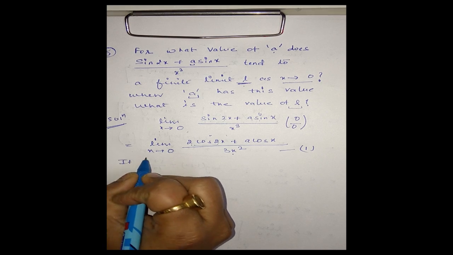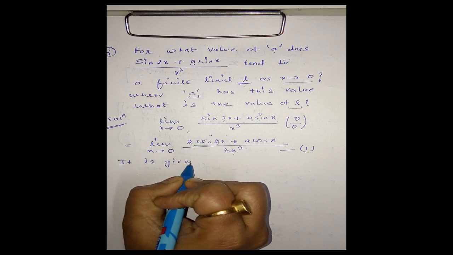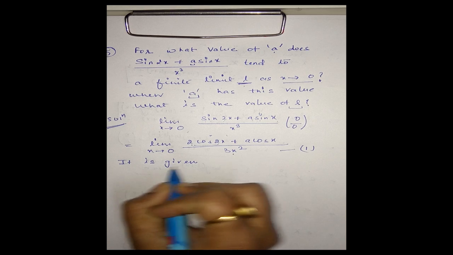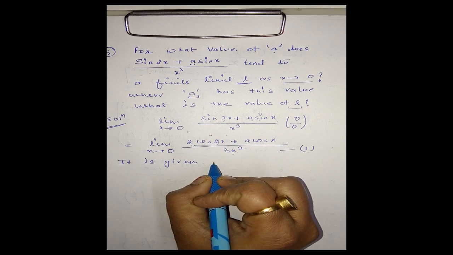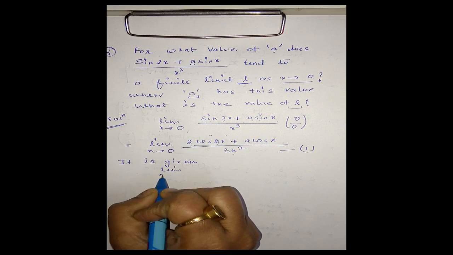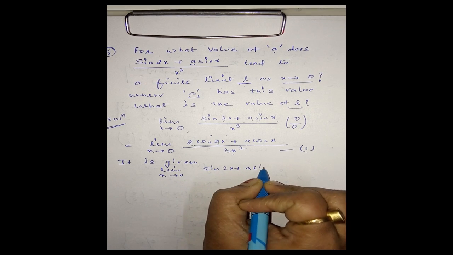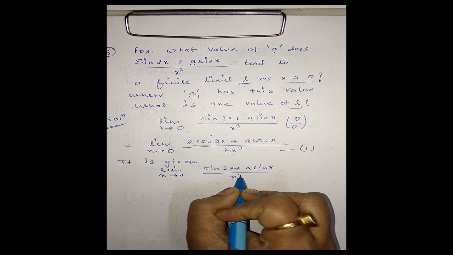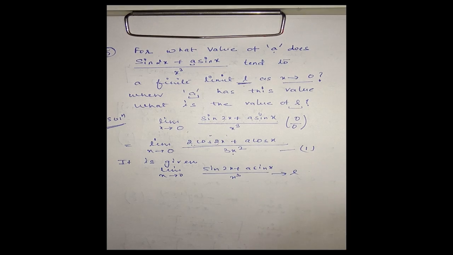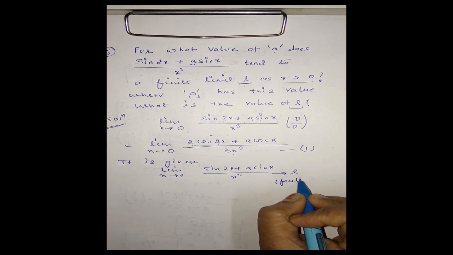It is given that the limit as x tends to 0 of (sin 2x + a sin x) / x cubed tends to L, a finite limit.